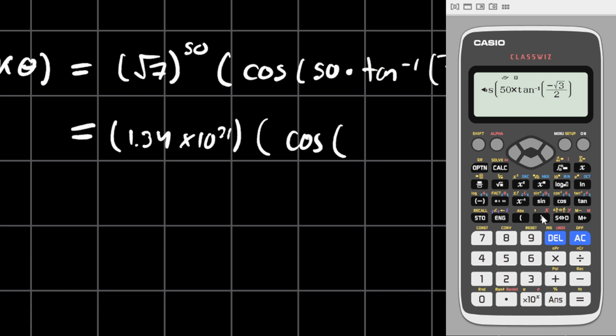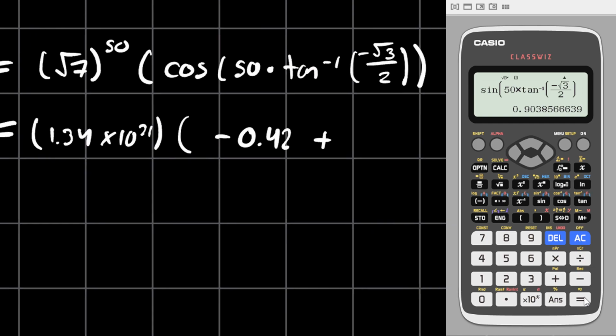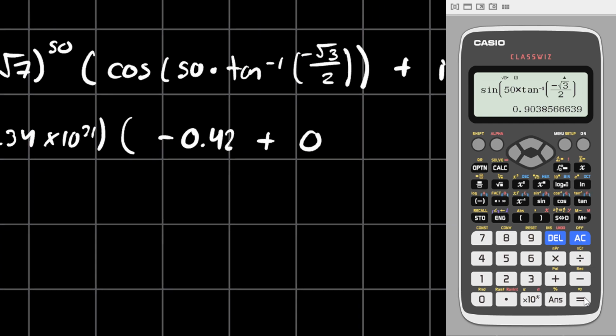And then we close that, and we do equal. So that's basically minus 0.42. Plus, and now we do the same for sine of that. So that's beautiful, 0.93i, basically.